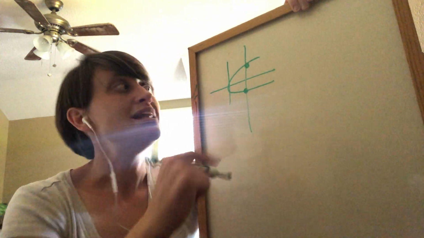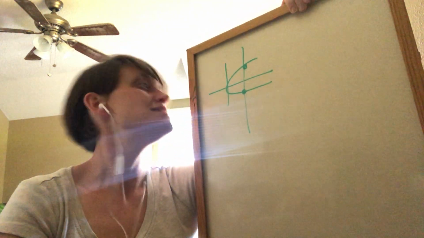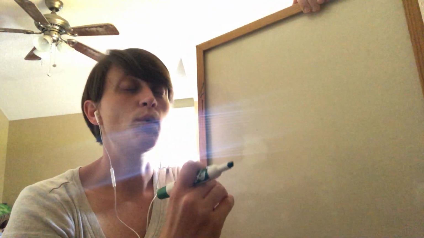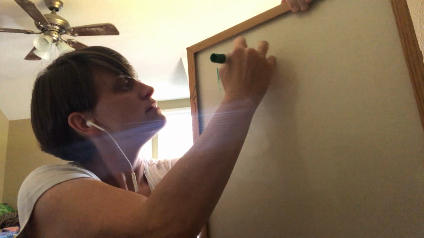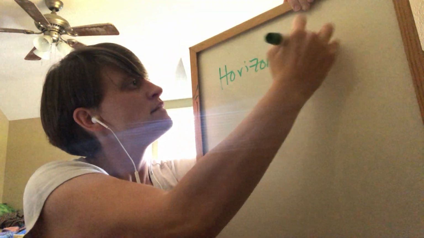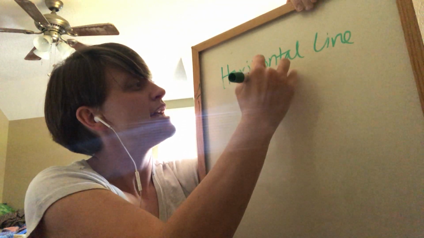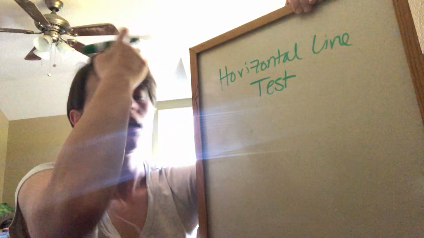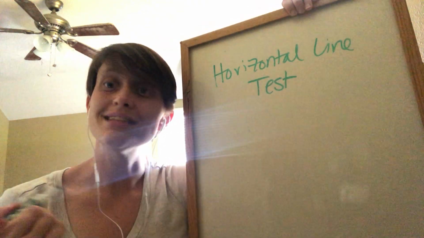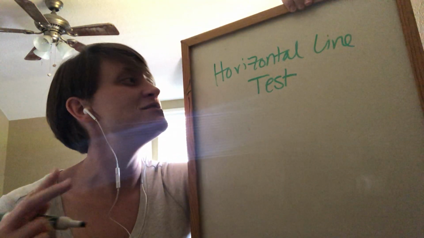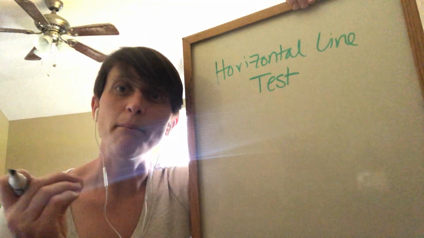Well, now we need something that passes this test and also doesn't have any repeating y coordinates. So we're going to use something called the horizontal line test. It works exactly like the vertical line test, except first of all, it's a horizontal line that'll be used, and secondly, it tells us something different.